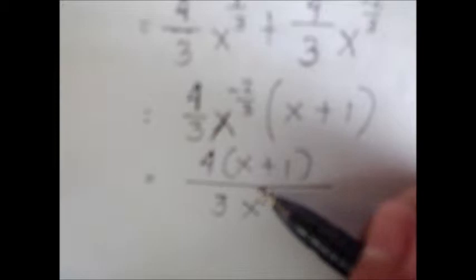Since this is a negative exponent, to make it positive we must put the x to the power of 2 over 3 in the denominator. Now this is the first derivative of this function.